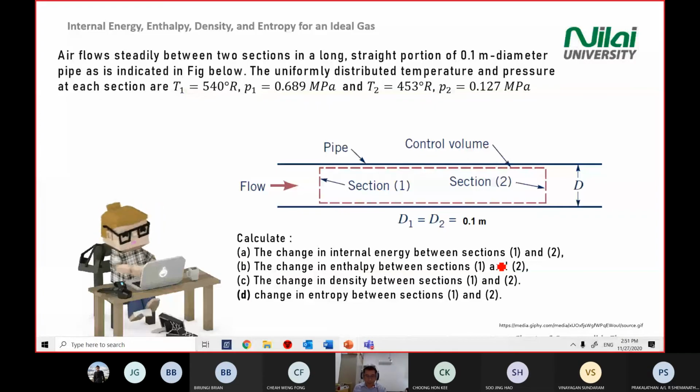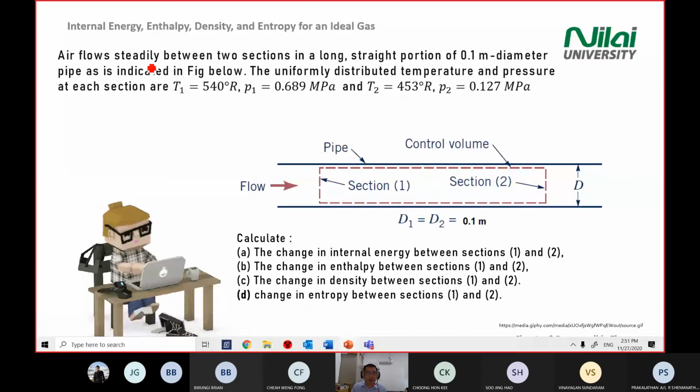This example is a very simple scenario. We have a pipe with a diameter of 0.1. This is question 11 in your handout.